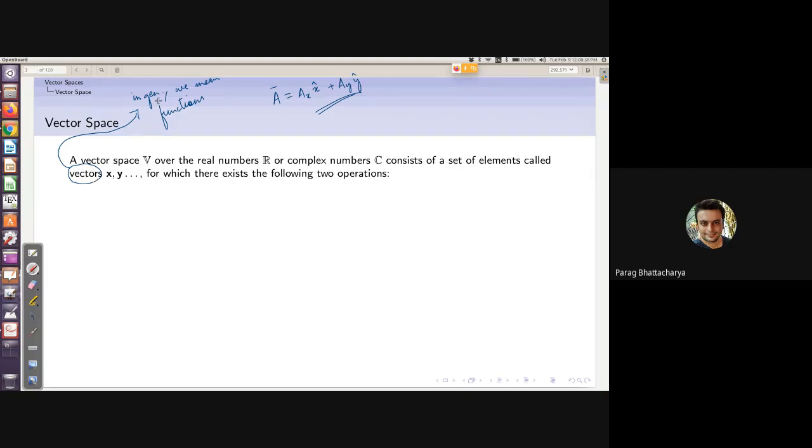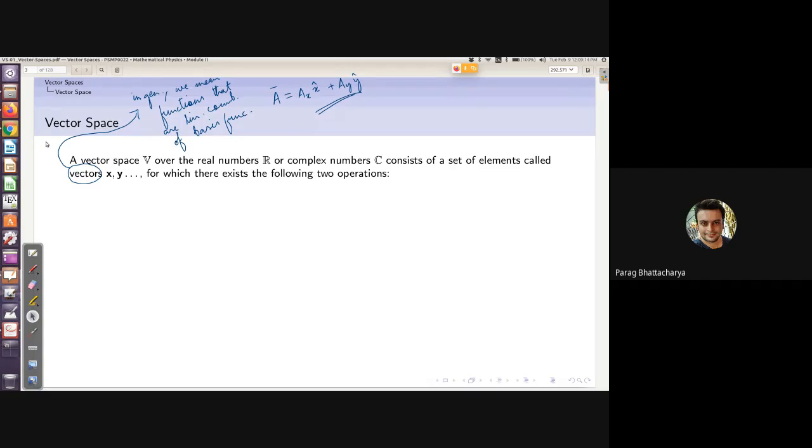So in general, vector means any function which can be written as a linear combination of the basis functions. So this is the meaning of the word vector. Is this clear? Okay, good. So now that's the definition of the vector space.